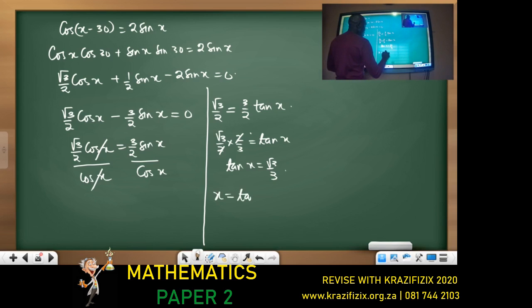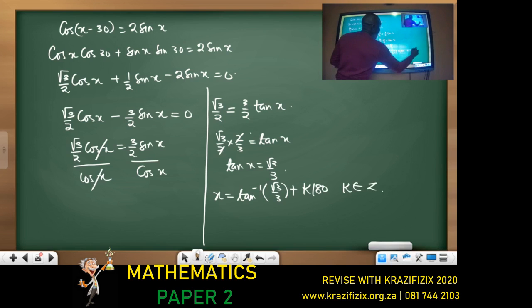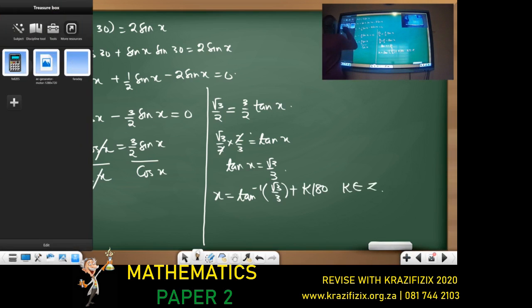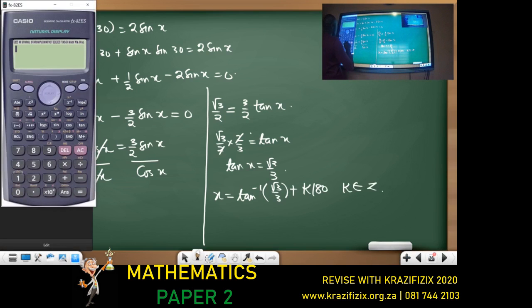So x equals to what? Shift tan root 3 over 3 plus k 180, where k is an element of integers. We can then plug all of this in our calculator. Shift tan, we have that, which is square root of 3 over 3, and we close the bracket.